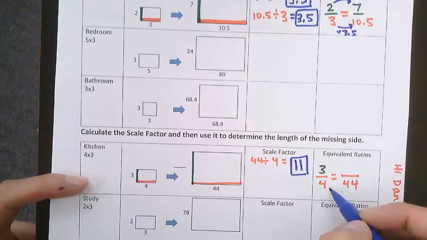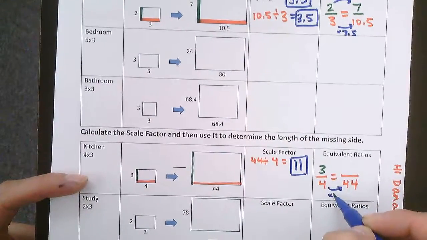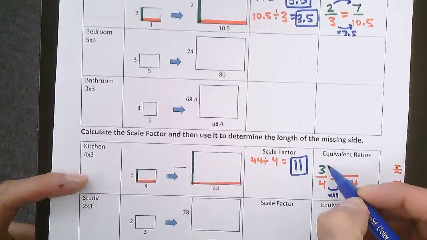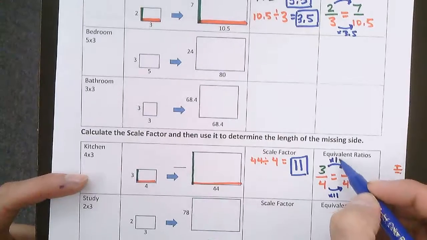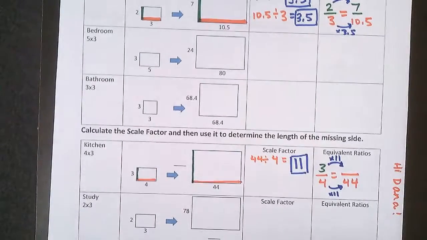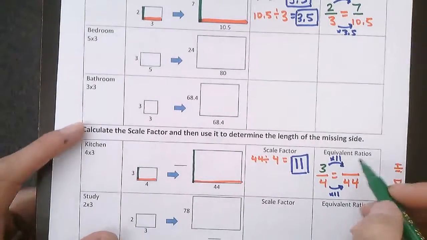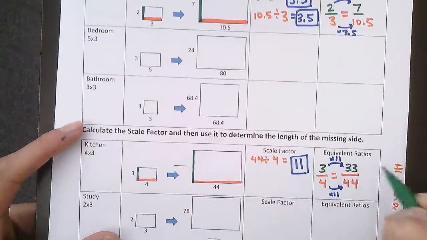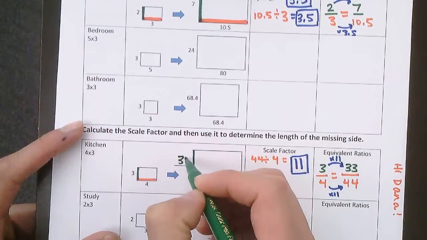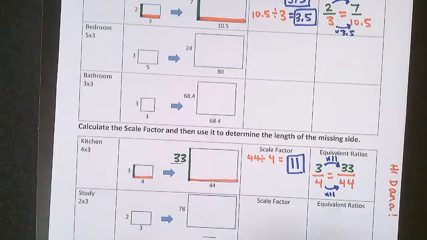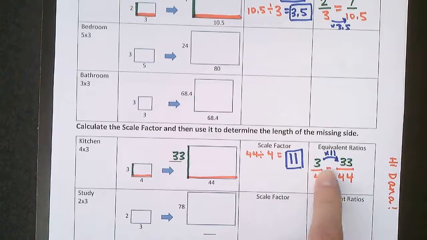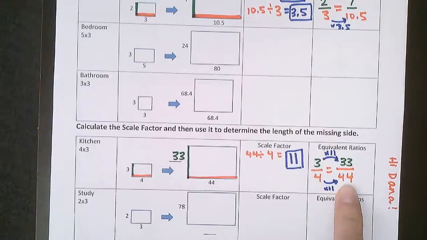So if 4 is being multiplied by a scale factor of 11 to get to 44, that means the 3 is being multiplied by a scale factor of 11 to get to, 3 times 11 is 33. So this side is 33. The ratio of 3 to 4 is equivalent to the ratio of 33 to 44.